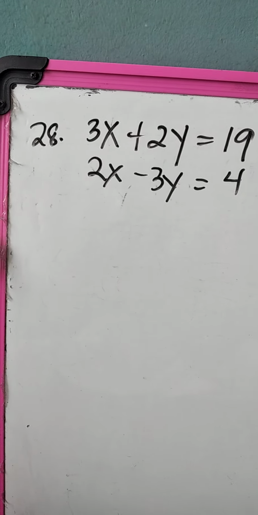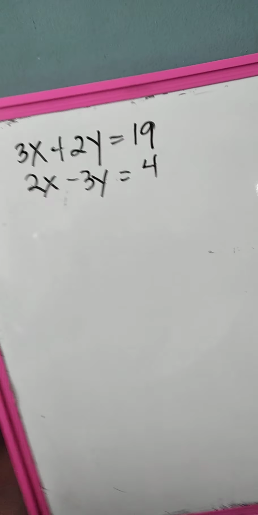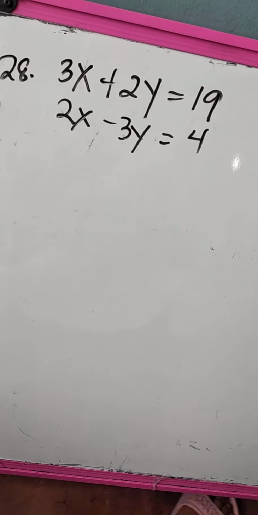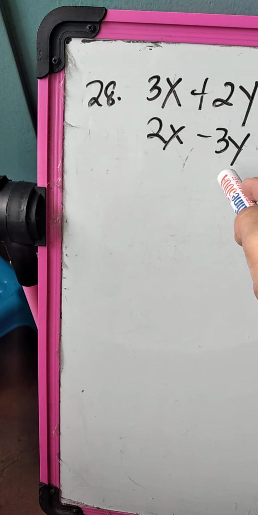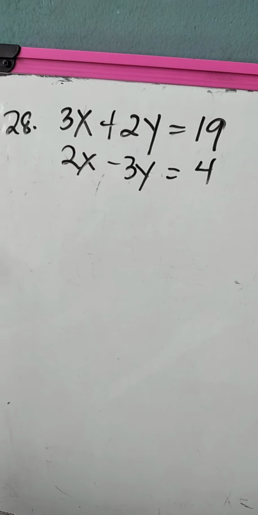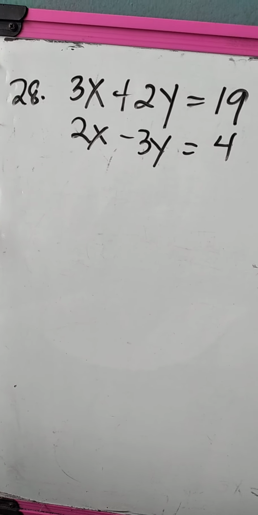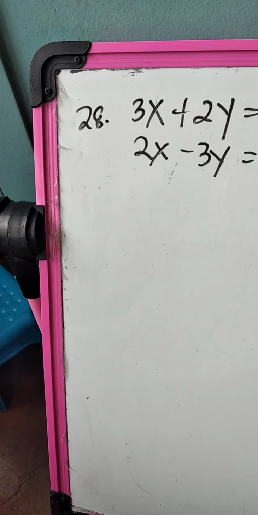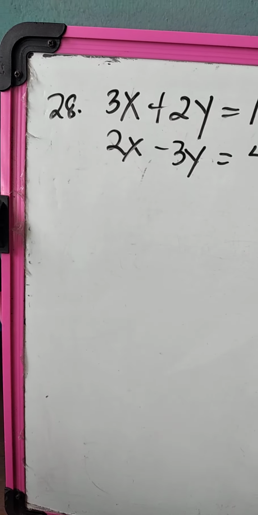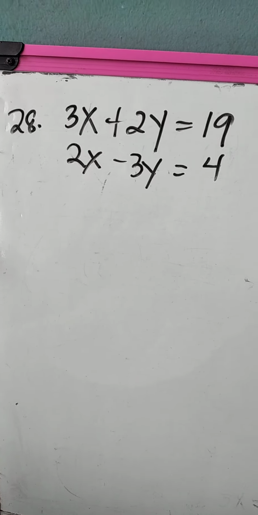So what you will do is choose a variable that you want to eliminate. You can either eliminate x, or do you want to eliminate y? Next, after deciding, you are going to make the numerical coefficients of the variable that you chose the same.